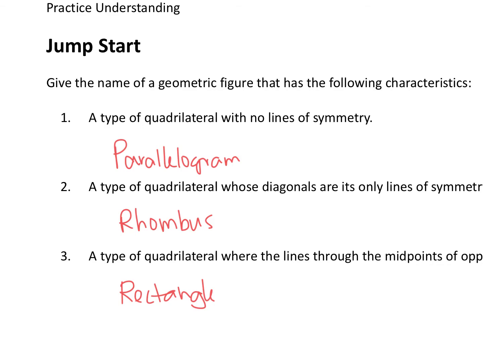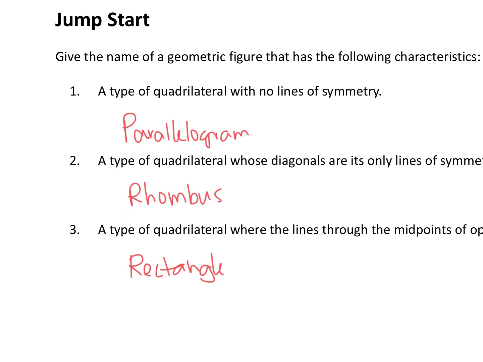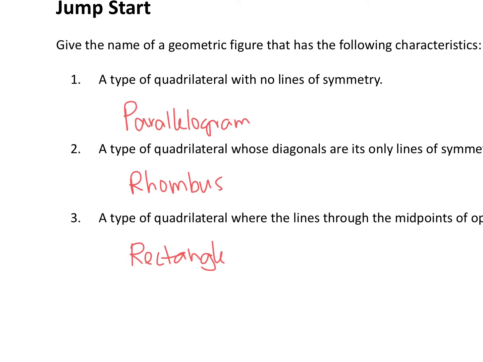So we could actually say the square also qualifies as this quadrilateral, even though the square has lines of symmetry through the midpoints and the diagonals. But it doesn't say only through the midpoint, so we're going to say rectangle or square.